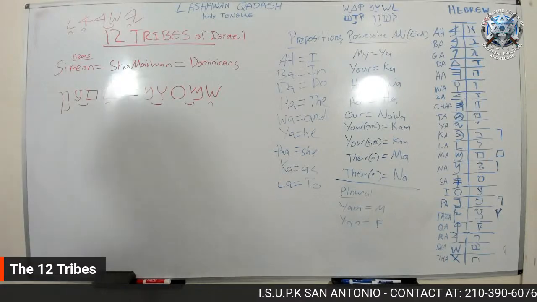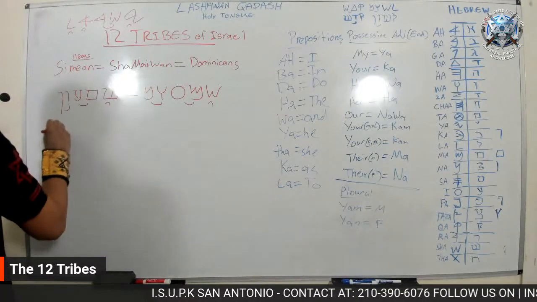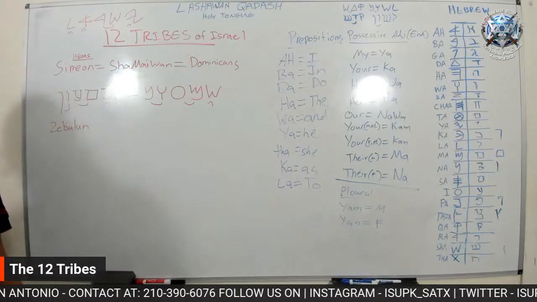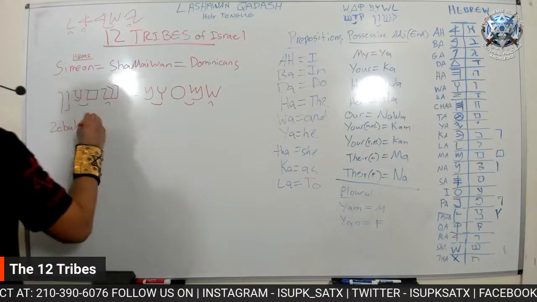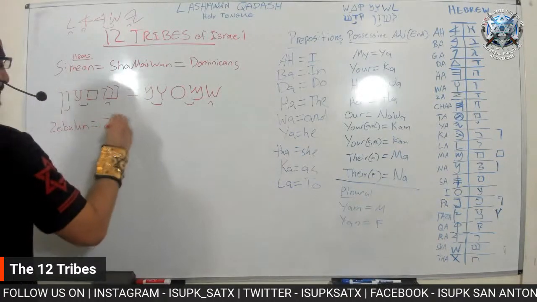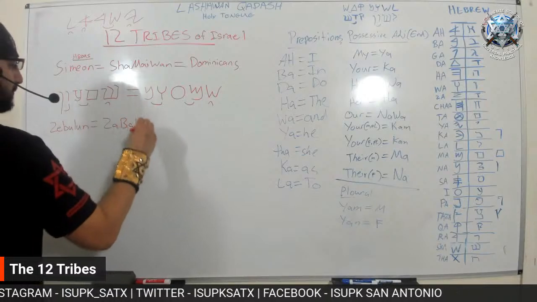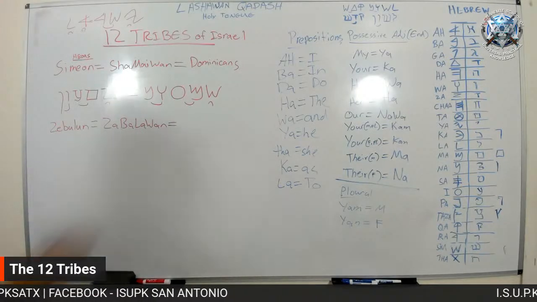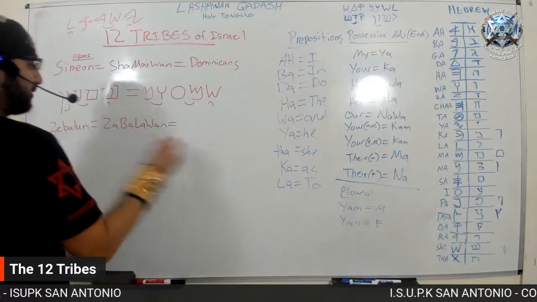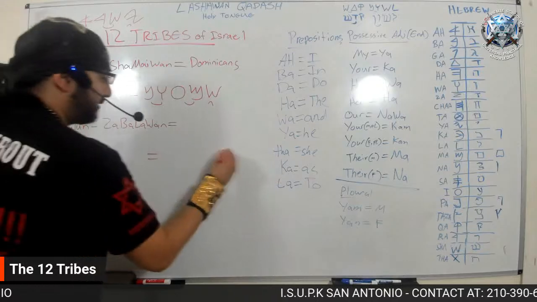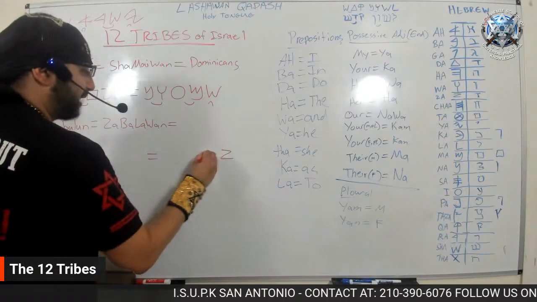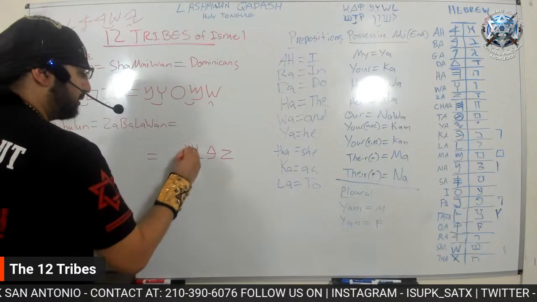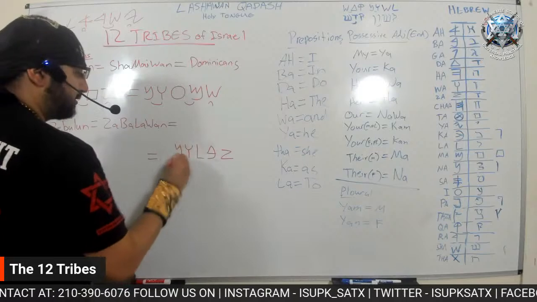Now we have Zebulun. Zabalawan. Going bit by bit here, we know that it starts with the za, and then we have ba, la, wa, and na.